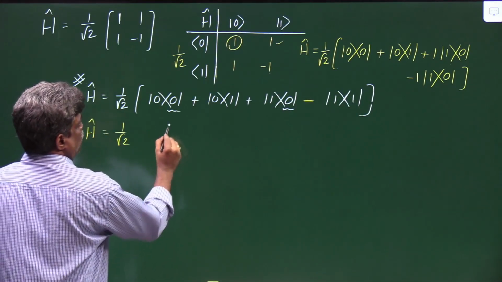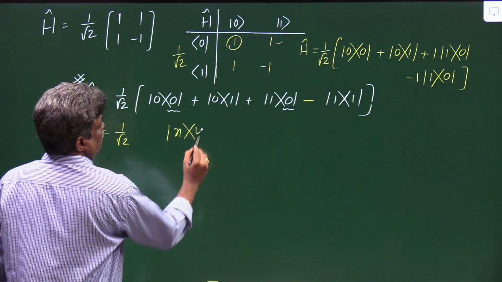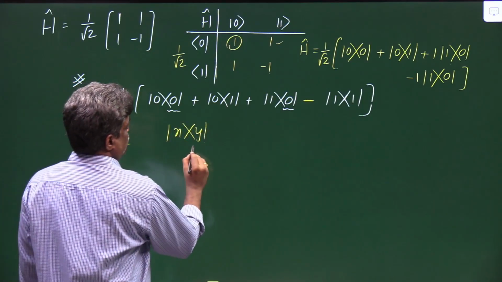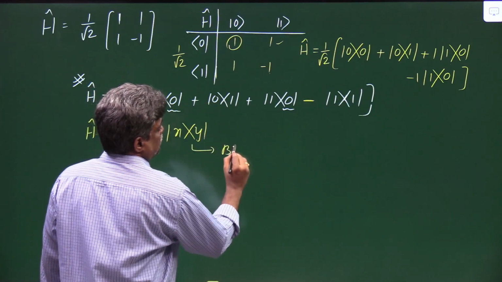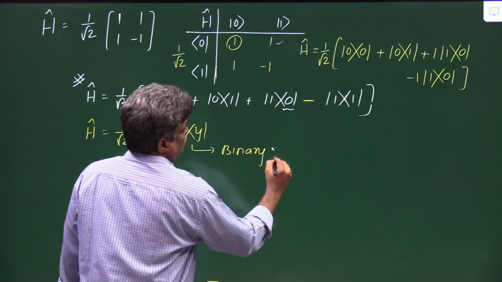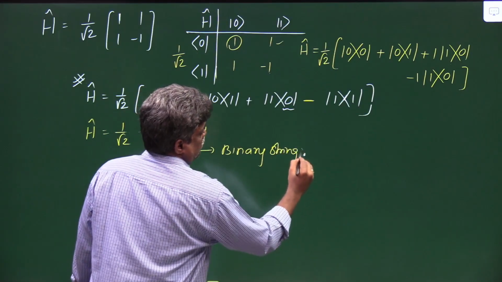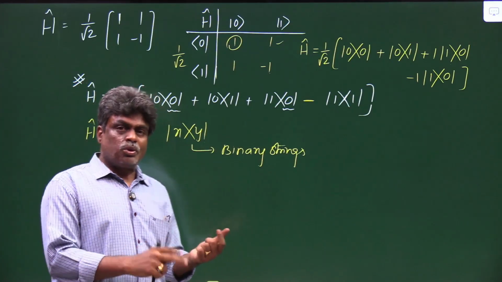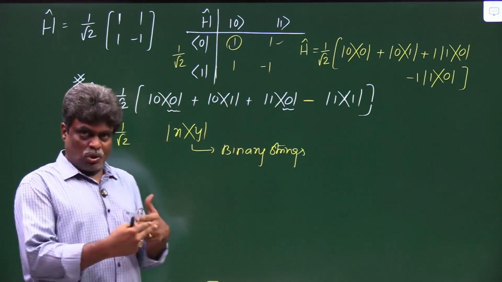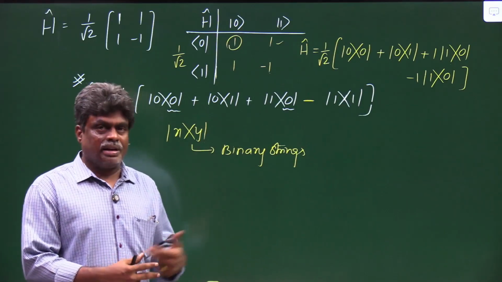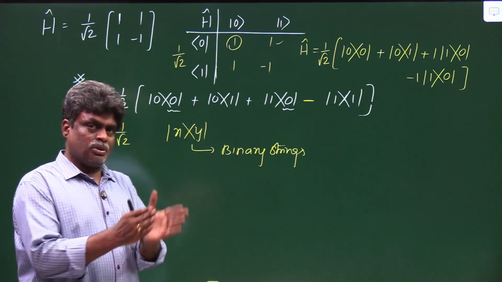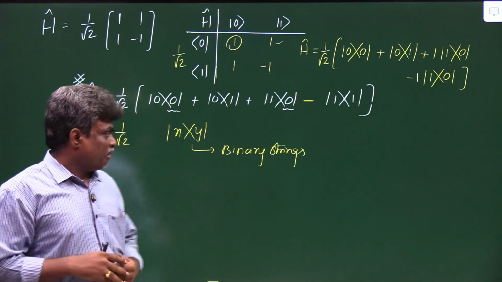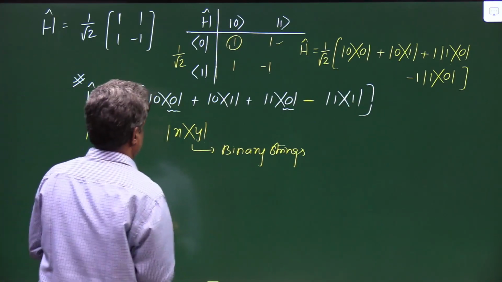No doubt this is the outer product, let us say |x><y|. Let us suppose x and y are binary strings. That means 0 or 1 for a single qubit. If it is 2 qubits, 00, 01, 10, 11, like that. For 3 qubits, 000 up to 111. These are binary strings.